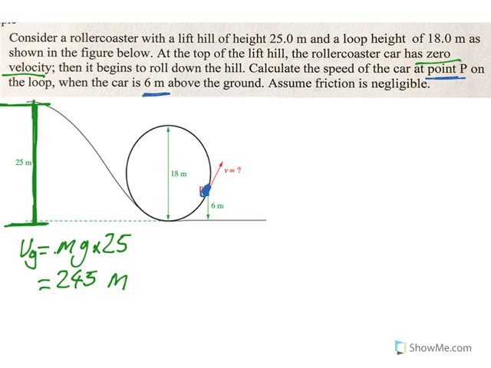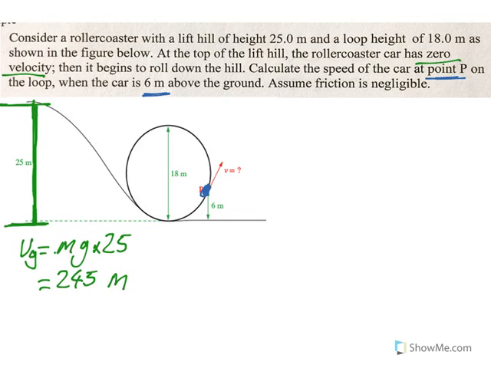Now, the car, of course, as we would know, rolls down the hill, goes around the loop, and then perhaps heads out there.